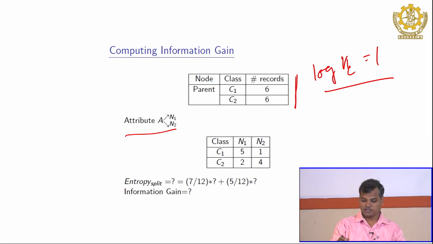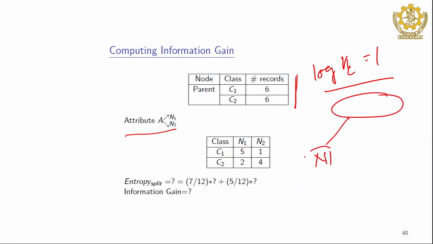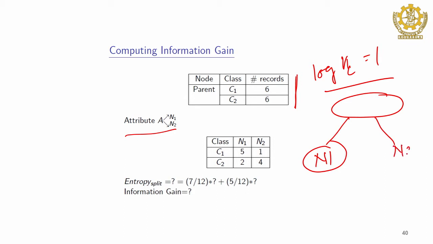There is a node here, with children N1 and N2. We compute the entropy of node N1, and then the entropy of node N2, and combine them with a weighted sum.